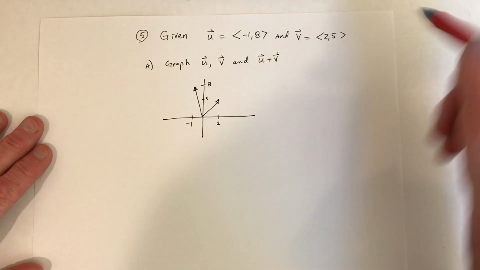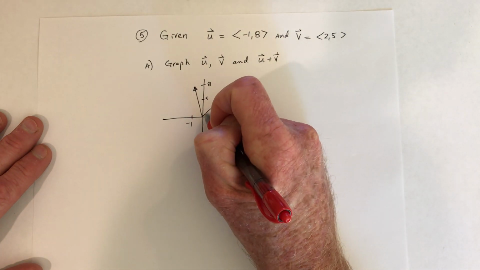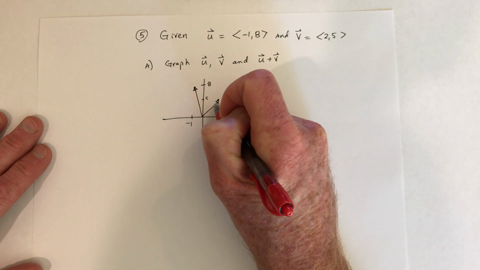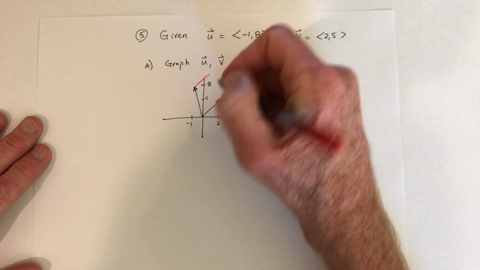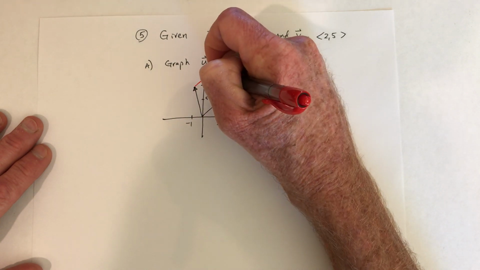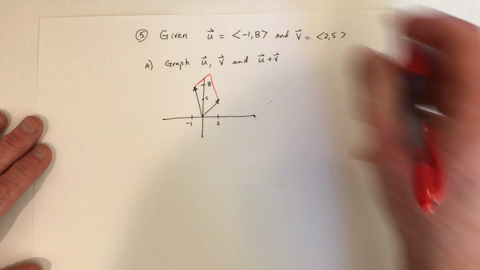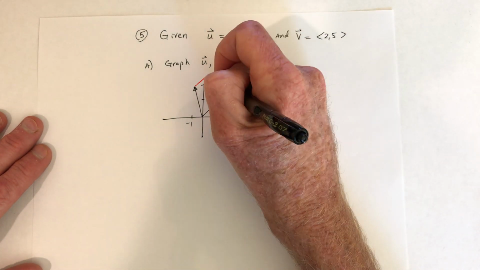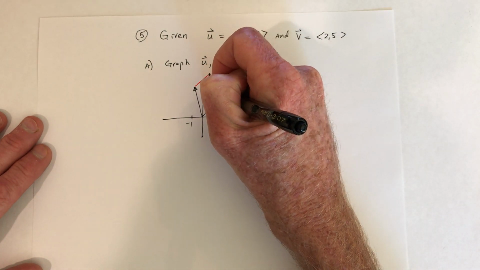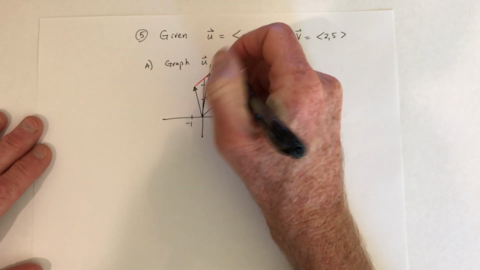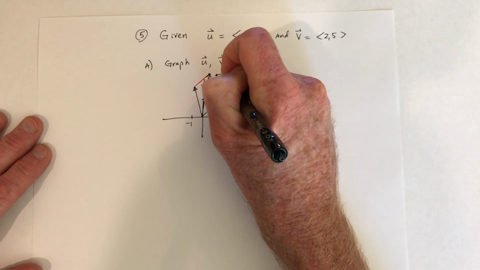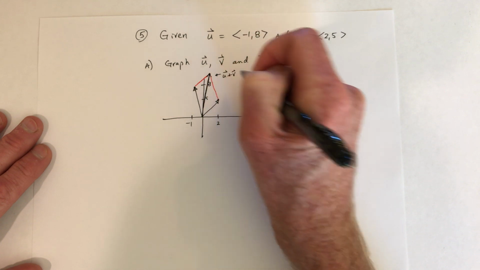Now u plus v, there's two ways to do that. You could take this vector right here and put a copy of it right here. Take this vector and put a copy of it right here. And then when you connect this diagonal, that vector right there is u plus v.